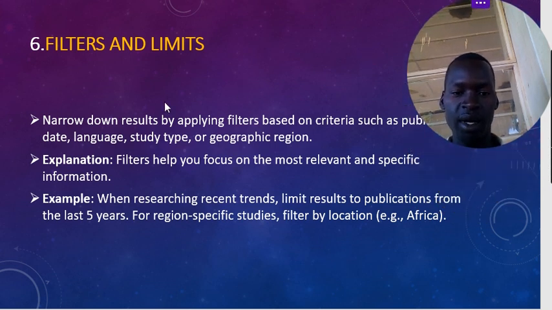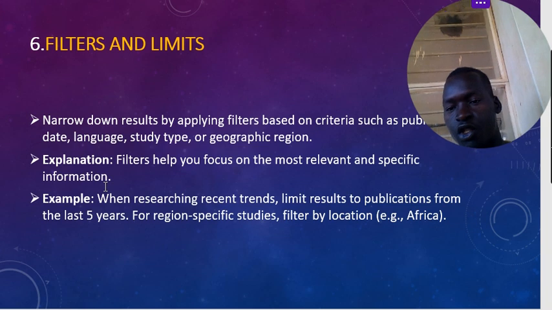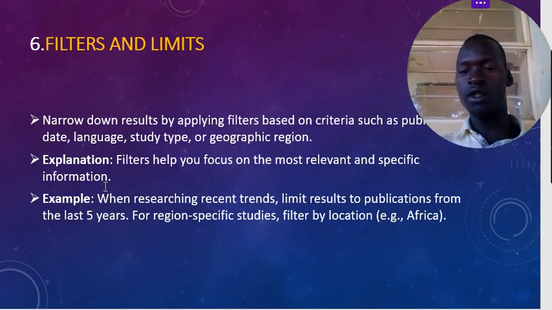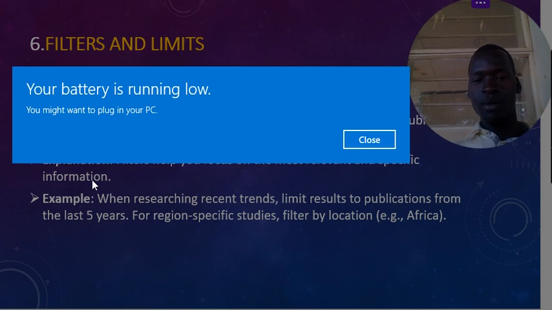These filters and limits help you focus on the most relevant and specific information. So if you want the most relevant and specific information, you need to filter and limit your search.